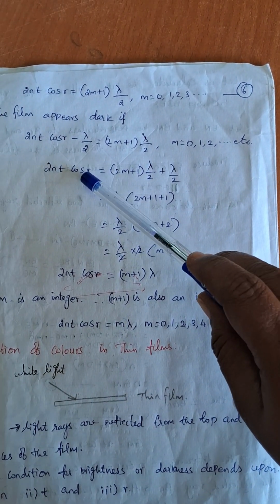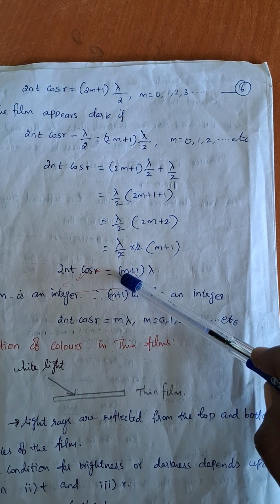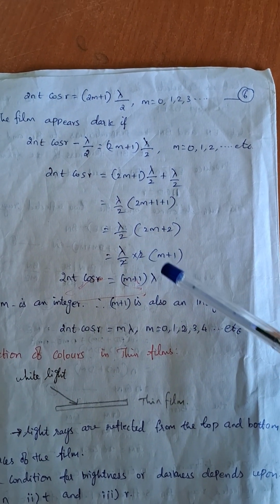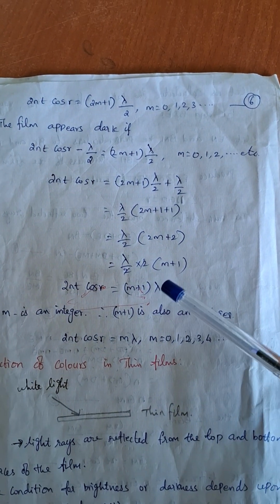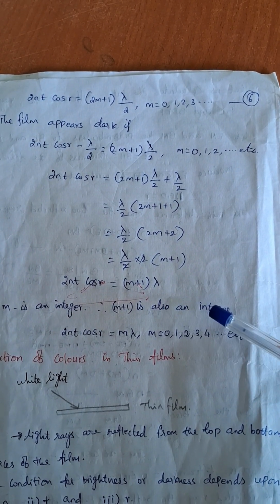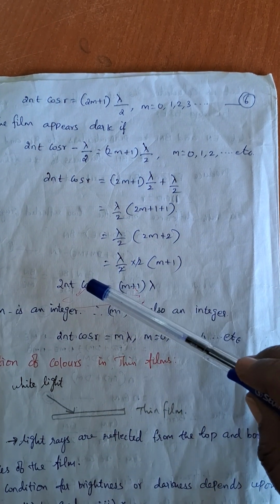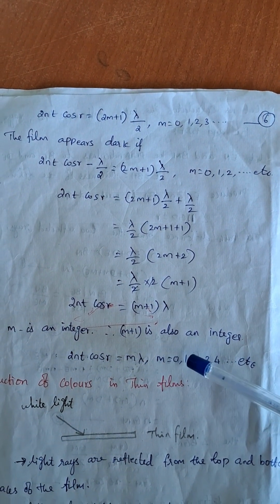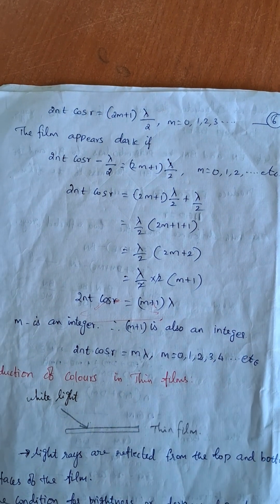The 2 and 2 cancel, so 2 mu t cos r equals (m plus 1) lambda. Here m is an integer, so m plus 1 is also an integer. Finally, 2 mu t cos r equals m lambda, where m equals 0, 1, 2, 3, etc.